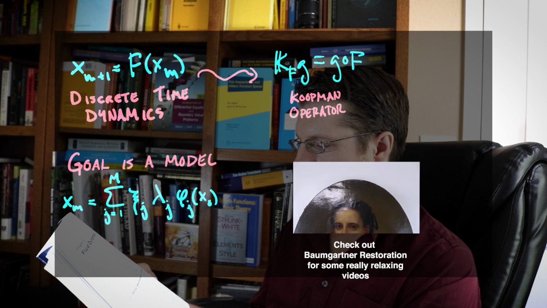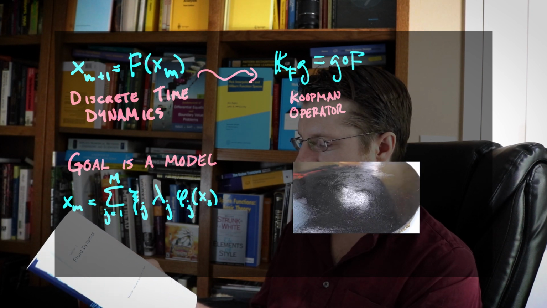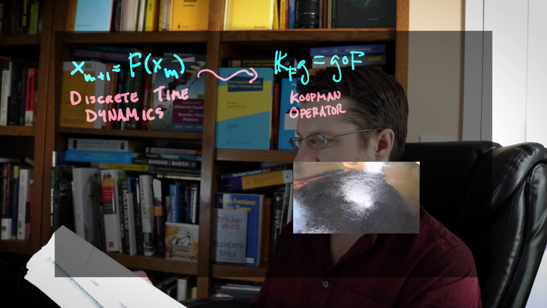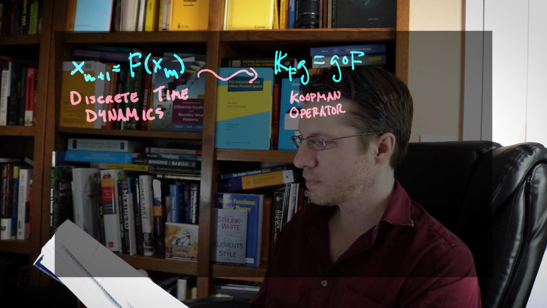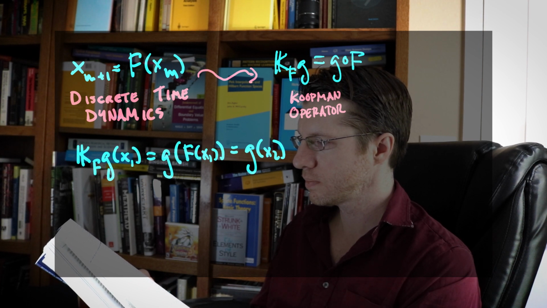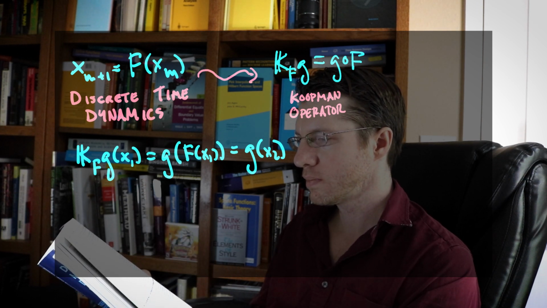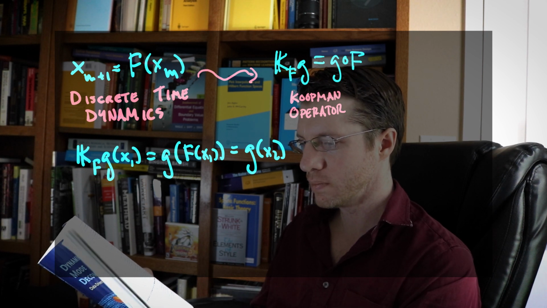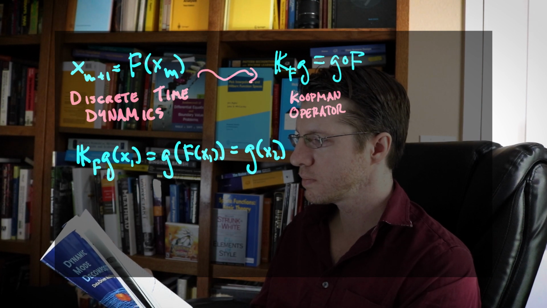So the Koopman operator, it seems kind of magical. If you take a function from a function space, they call it an observable, and you apply the Koopman operator to this observable, then if you evaluate this at your initial point, what ends up happening is that iterations of the Koopman operator being applied to our observable end up advancing the state variable inside the observable.